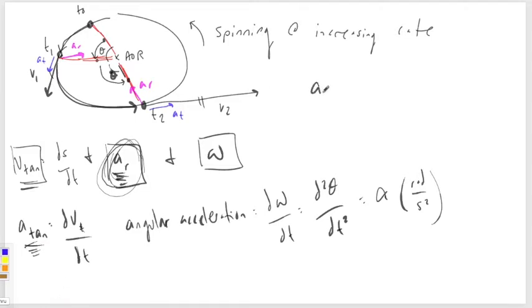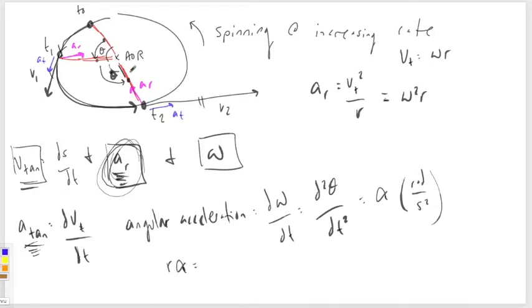Remember that we said that radial acceleration is v tan squared over r, and because v tan is equal to omega r, we could simplify radial acceleration, that center-seeking acceleration from the centripetal force responsible for direction change. We could simplify that to omega squared r. Alpha here, angular acceleration, is going to be related back to a linear quantity by this.